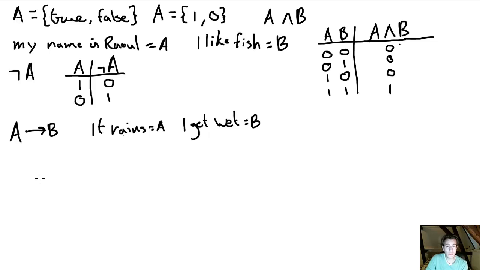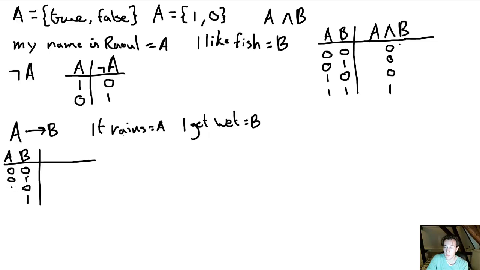So we make another truth table. We have A and B, and we can have those 4 combinations again.